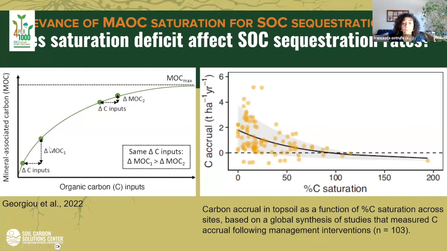And so in my mind, negating saturation does miscommunicate an important concept to producers with coarse textured soil, who should do management to maybe increase capacity, maybe increase structure, rather than just increasing input if they are close to saturation.